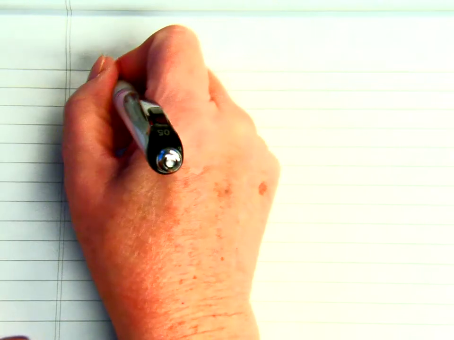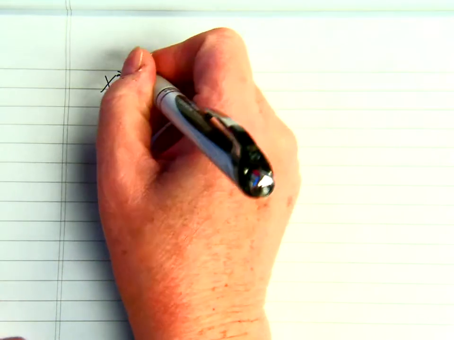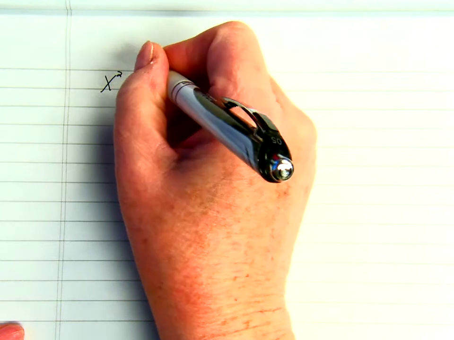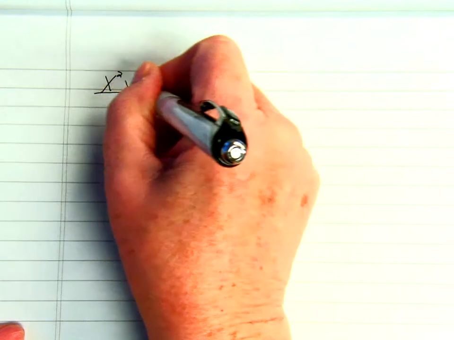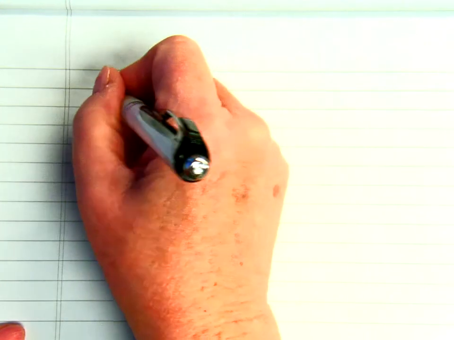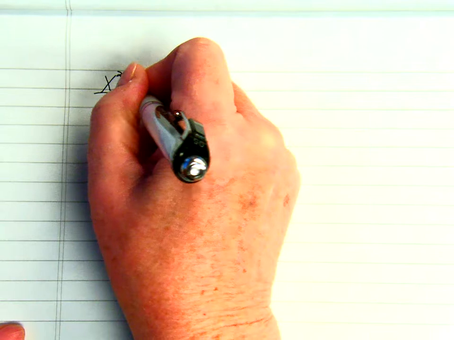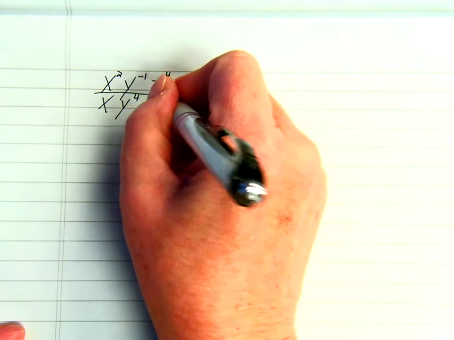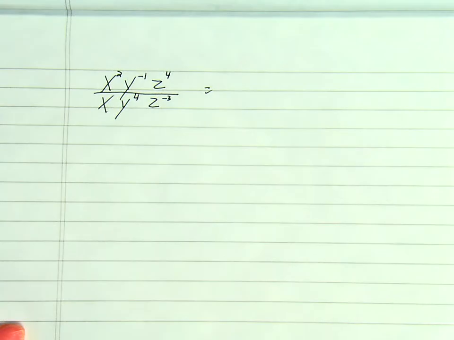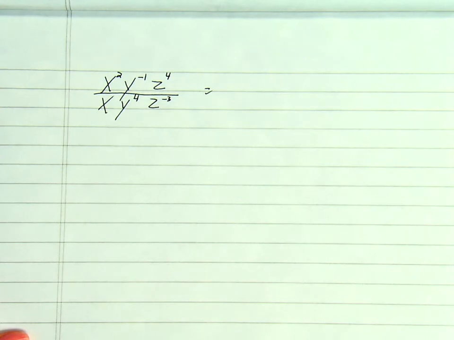Let's say we've got x squared y to the negative 1, z to the 4th, and this is all over x y to the 4th, and z to the negative 3. We're going to do this the way that I'm doing it, in the division form, so we'll be subtracting.